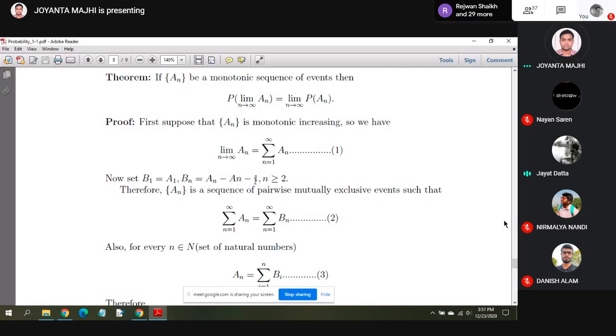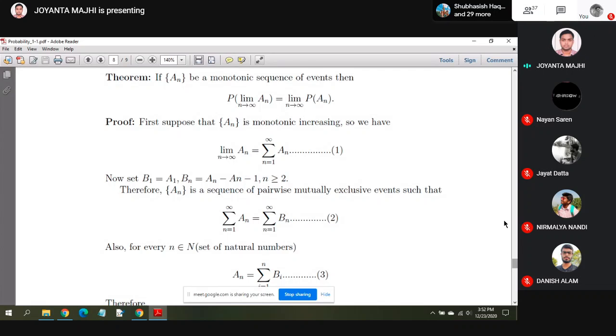Okay, now it is okay. If we consider bi in this way, not as a definition of bi, we set this bi in this manner such that the bi become a sequence of pairwise mutually exclusive events.